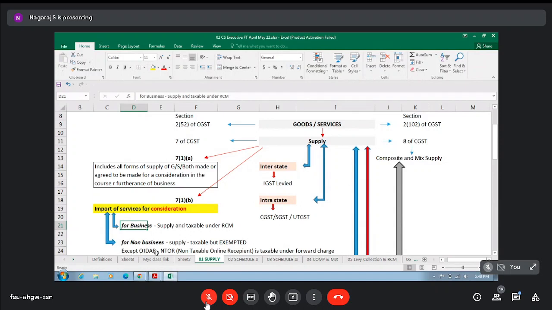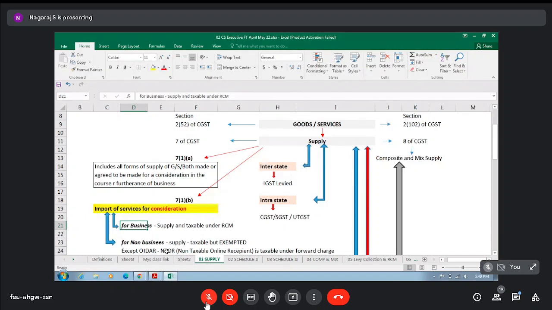OIDAR. OIDAR means online information data access and retrieval service. That is only taxable if it is provided to NTOR.